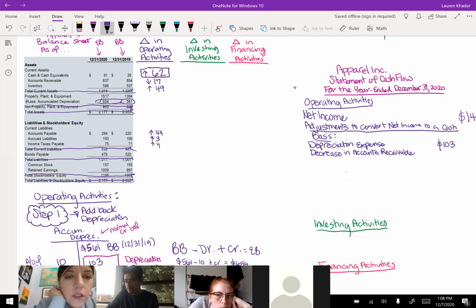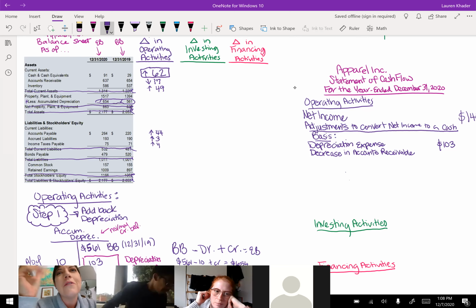And when accounts receivable decreases, it means we recorded less sales than we received in cash.